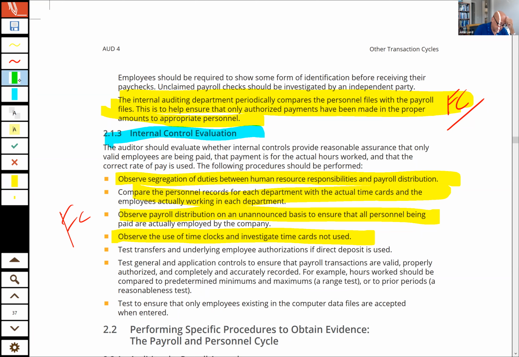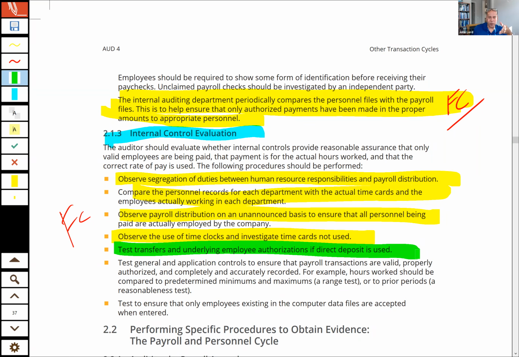And then finally, our procedures moved into the 90s here, and that if direct deposit is used, then what you'll do is you will basically look to see that there was a direct deposit authorization. You can look at how that's filled out, the information that's filled out there, and compare that to the employee's fill out of their W-4.